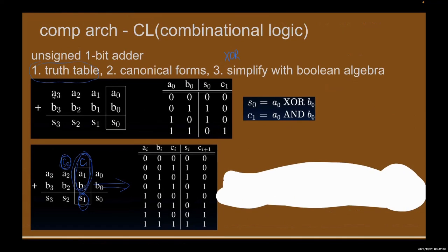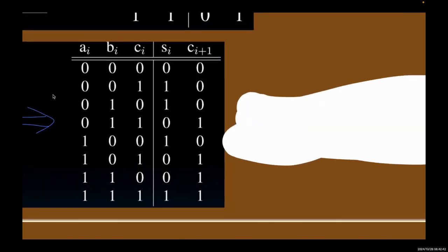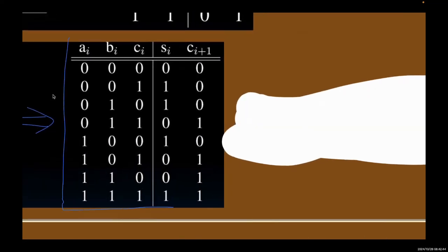The second step is to get a canonical form. Looking at this truth table, there are 2 outputs, so we treat them separately.